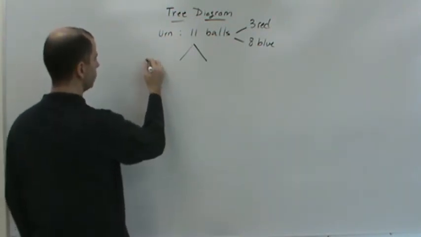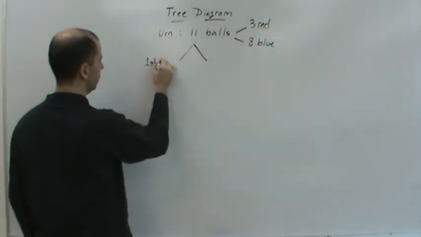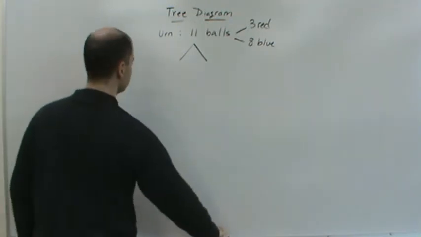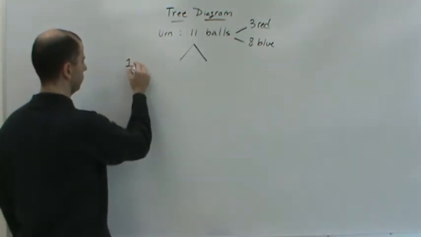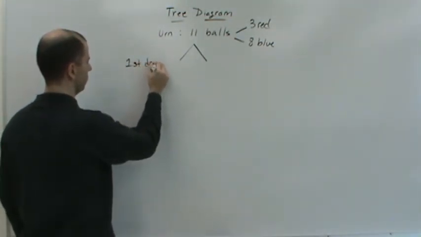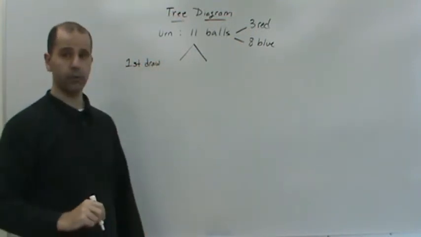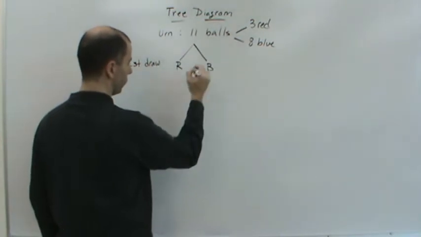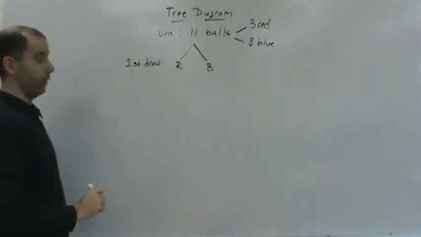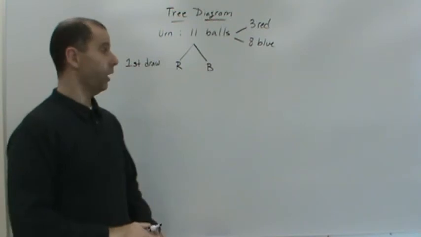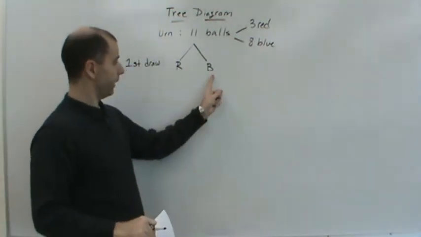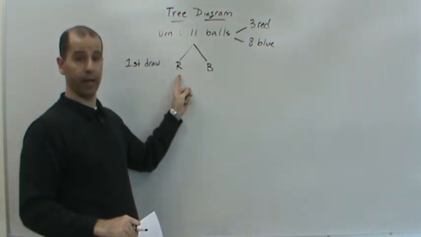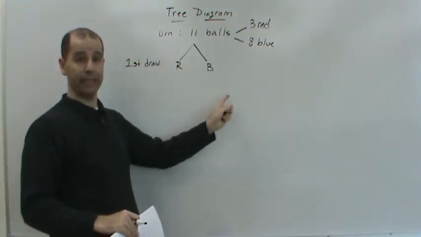I'm going to write out here first draw. Write it out a little further. Okay, so there's the first draw, and I can either get a red or a blue. Now in the second draw, whether I get a blue on the first draw or a red on the first draw, I'm going to have 2 possible outcomes for each case.